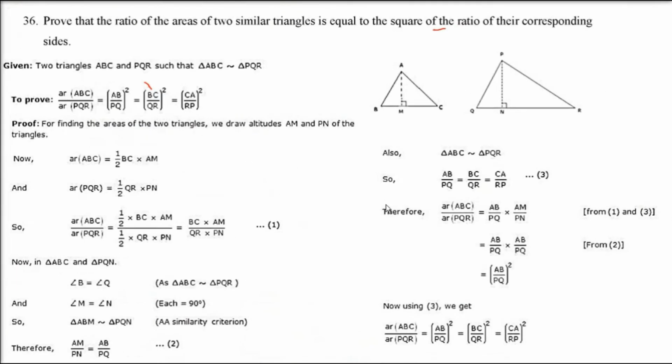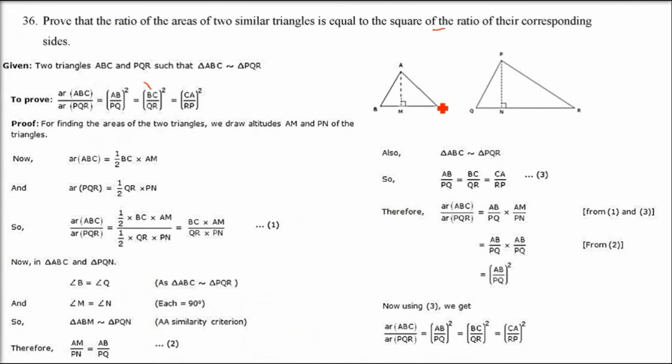Now BC and QR are sides, but AM and PN are not sides. These are perpendiculars. We will try to do something so that AM and PN become related to BC and QR. So we are taking the left part of both the triangles, that is, triangle ABM and triangle PQN. Angle B and angle Q are equal because the triangles are similar. Angle M and angle N are equal because they are 90 degrees.